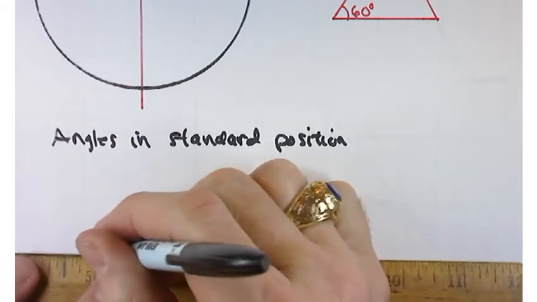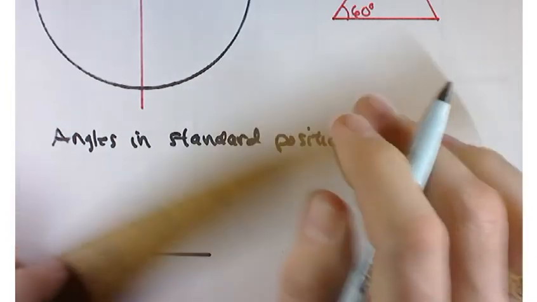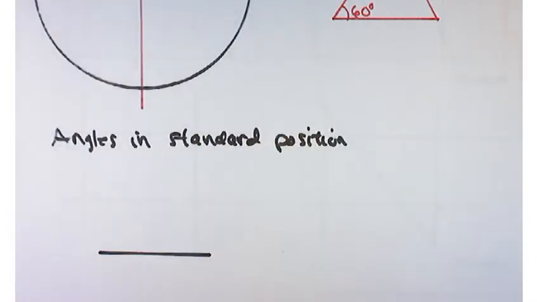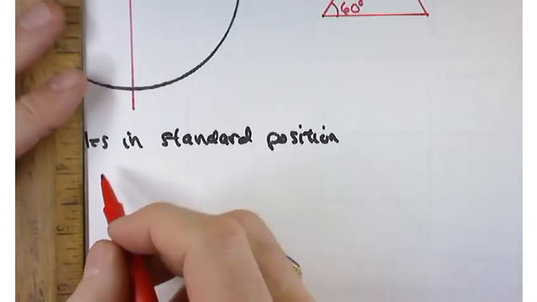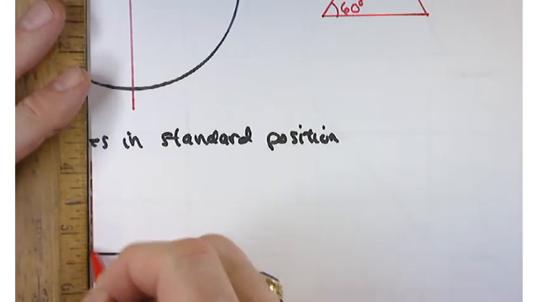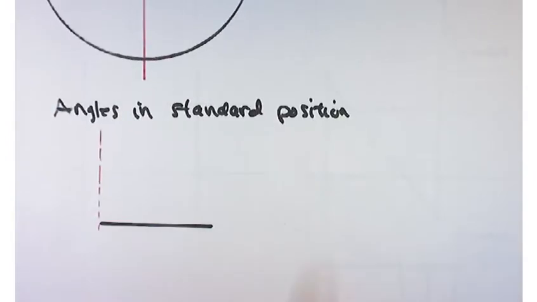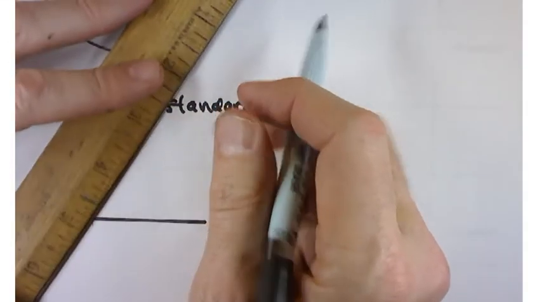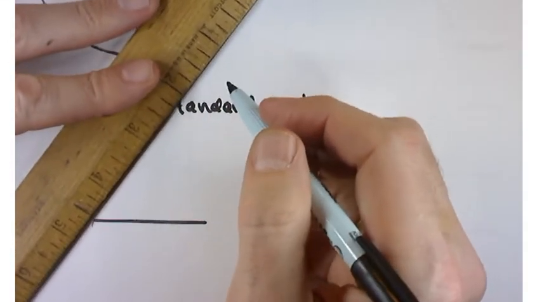So here's going to be your initial side. Now I know a 90 degree angle would be straight up like that, but I don't want a 90 degree angle, I want a 60 degree angle. So that's going to be about 2/3 of the way. And I'm not going to take out a protractor to measure that. I'm just going to guesstimate a little bit.